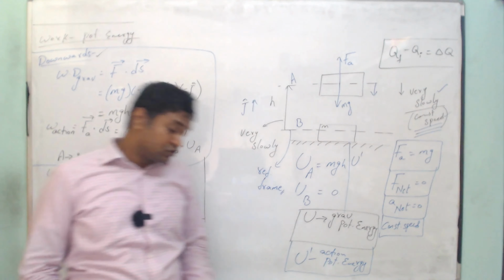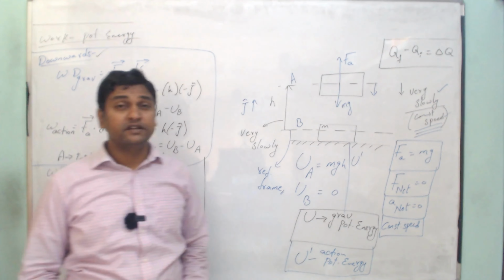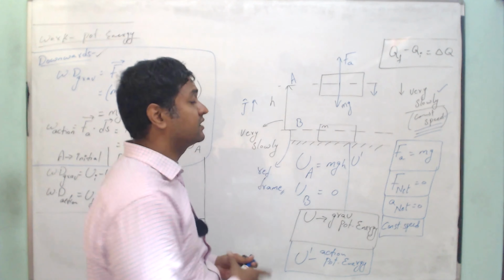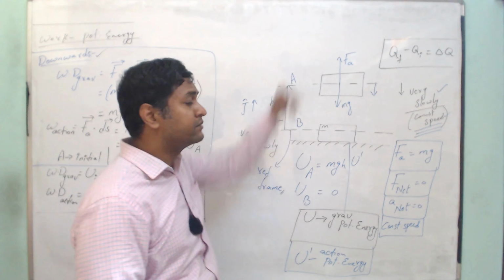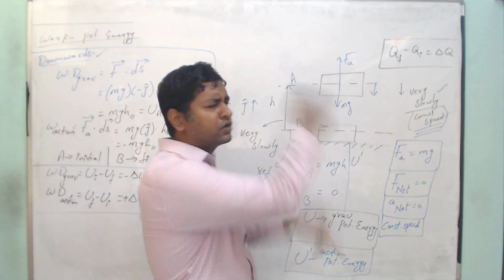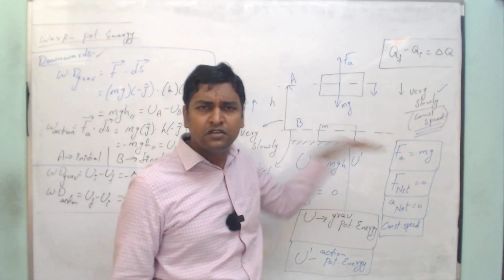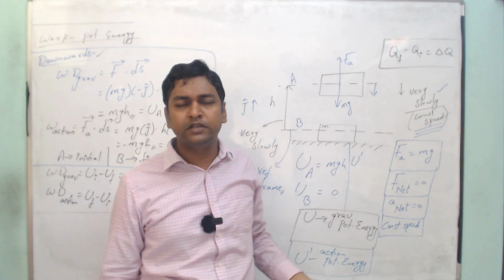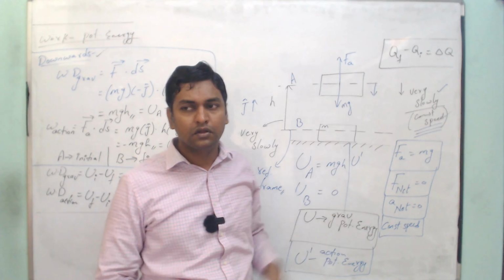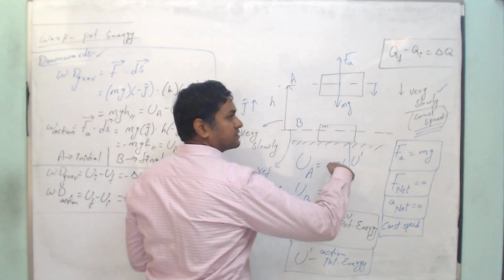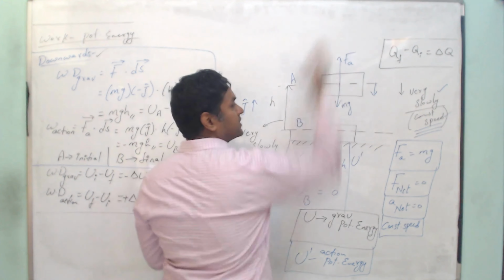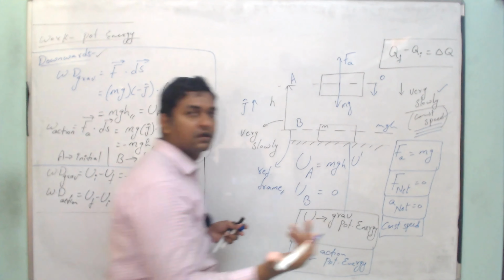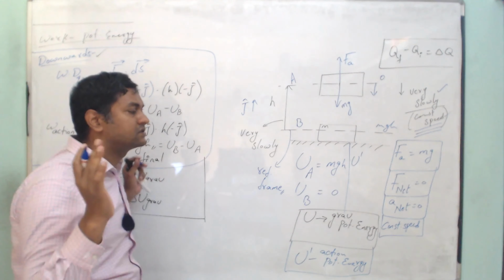So if U dash is the action potential energy, just look at it that way. When mg is downward, it is 0 to mgh; rotate it, then 0 to mgh becomes for FA. U dash will be 0 to mgh. The mg is like this, 0 to mgh; FA is like that, 0 to mgh for FA.